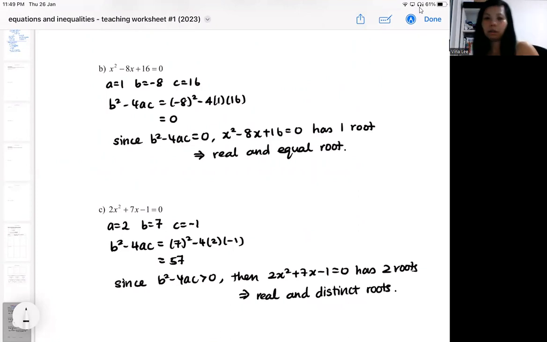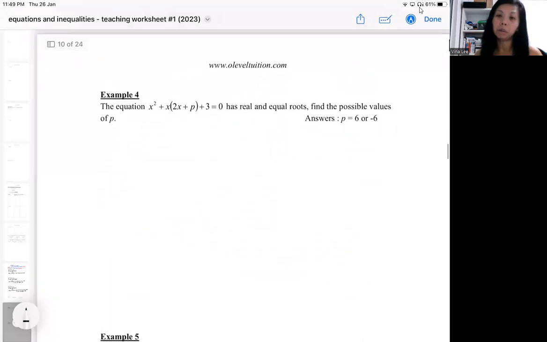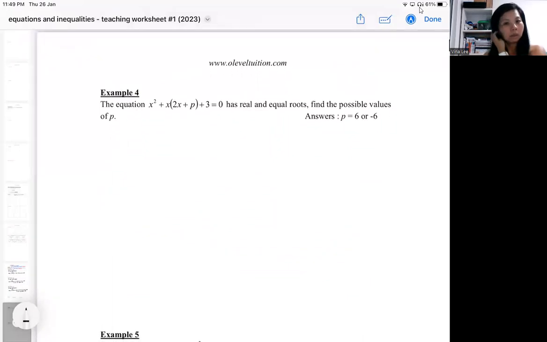Okay, as mentioned in the theory, it can be the other way around as well. So in the subsequent example, we are doing it the other way around. We know the nature of the roots. So we are told the nature of the roots, and I'm going the opposite way.